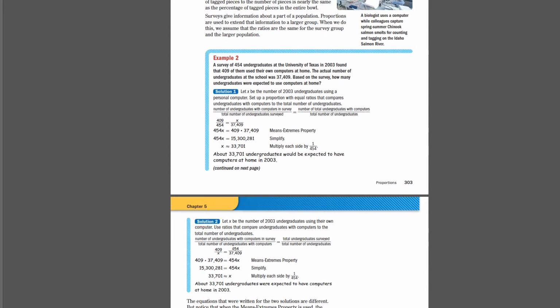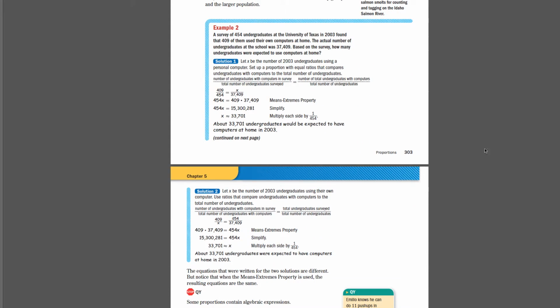The other way to approach this is the computer ratio. The number of surveyed students with a computer divided by the total number of students with computers is proportional to the total number of students surveyed divided by the total number of students. Either one of these works for us as long as 409 is to x as 454 is to 37,409.